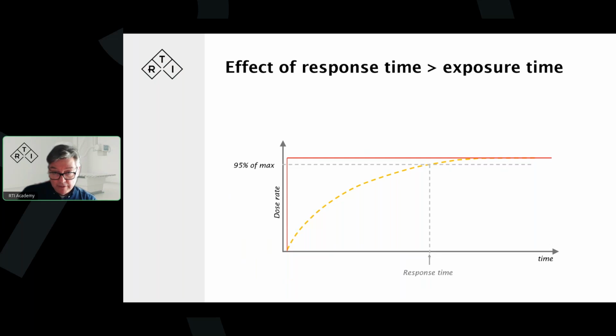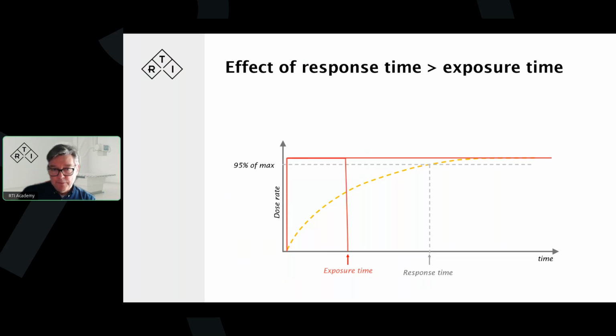Right, so now we have that settled. The response time is the time it takes for the meter to reach a readout that matches 95% of the actual radiation level. Now, what happens if we have a shorter event, an exposure time which is shorter than the response time?